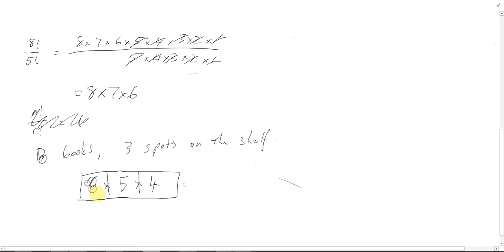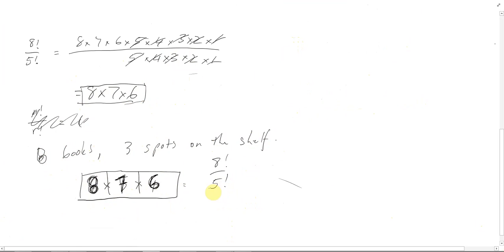Then it would be 8 times 7 times 6. Now, hopefully you notice that that's the exact answer we had here, 8 times 7 times 6. So somehow, if we have 8 books and 3 spots on the shelf, that gives us 8 times 7 times 6. So somehow that answer is 8 factorial on 5 factorial.